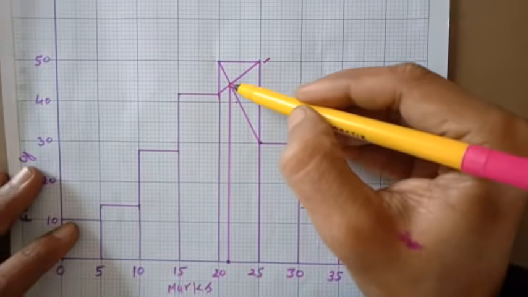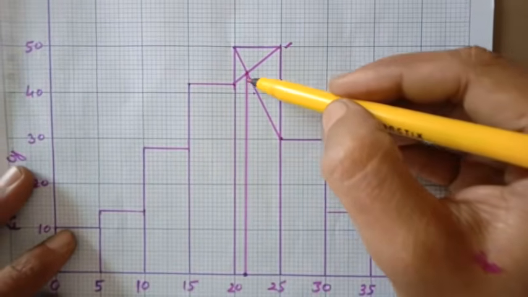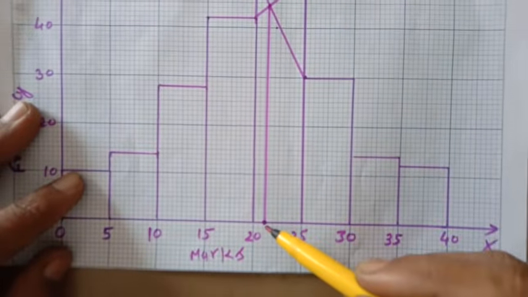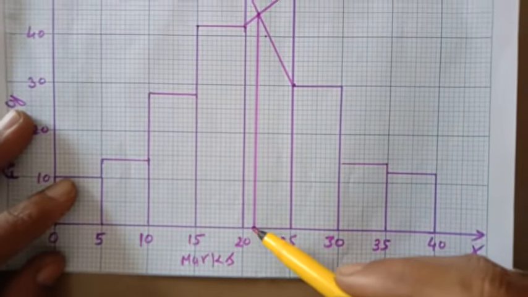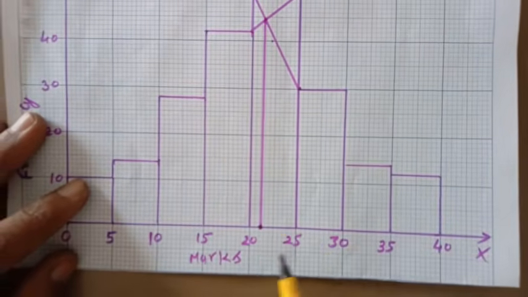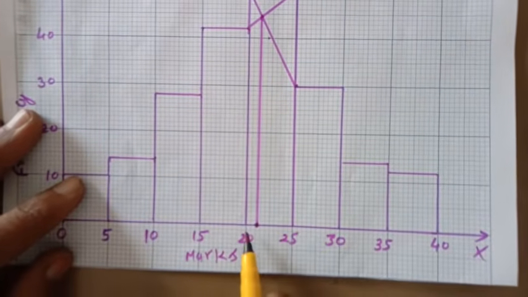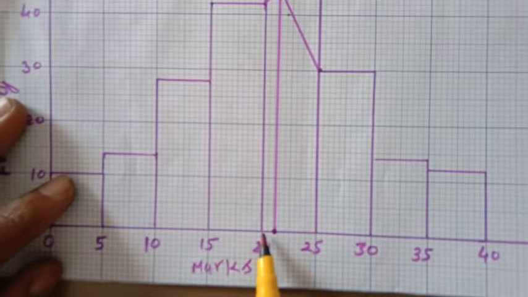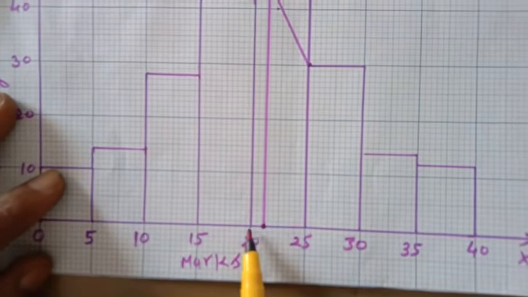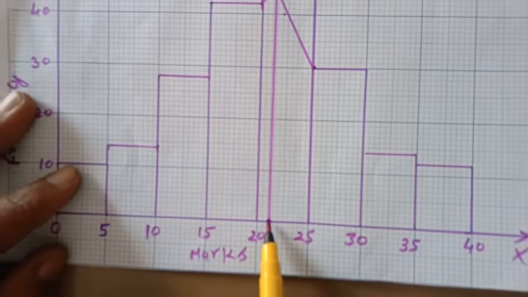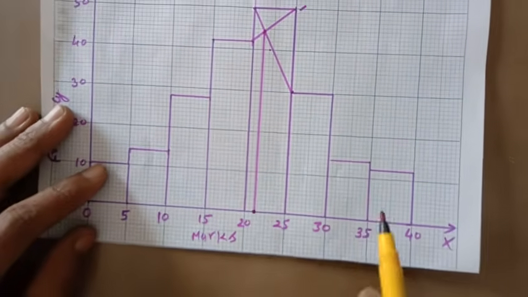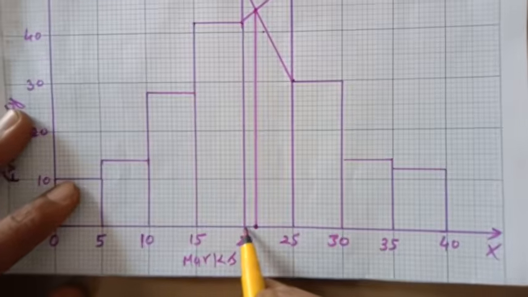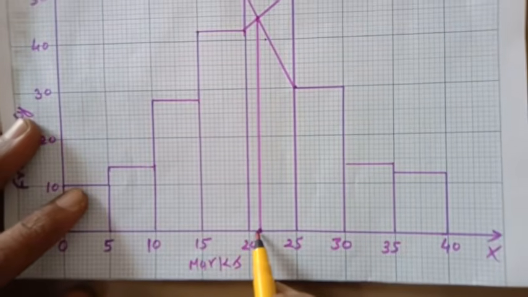From this intersecting point, we drop the perpendicular to the x-axis. Here we have dropped it. Now we have to take this reading. We can see here two small divisions is 2 mm. This is 2 mm and 2 mm, 4 mm. So this becomes 1. Till here we can see 2 mm, that is 1.